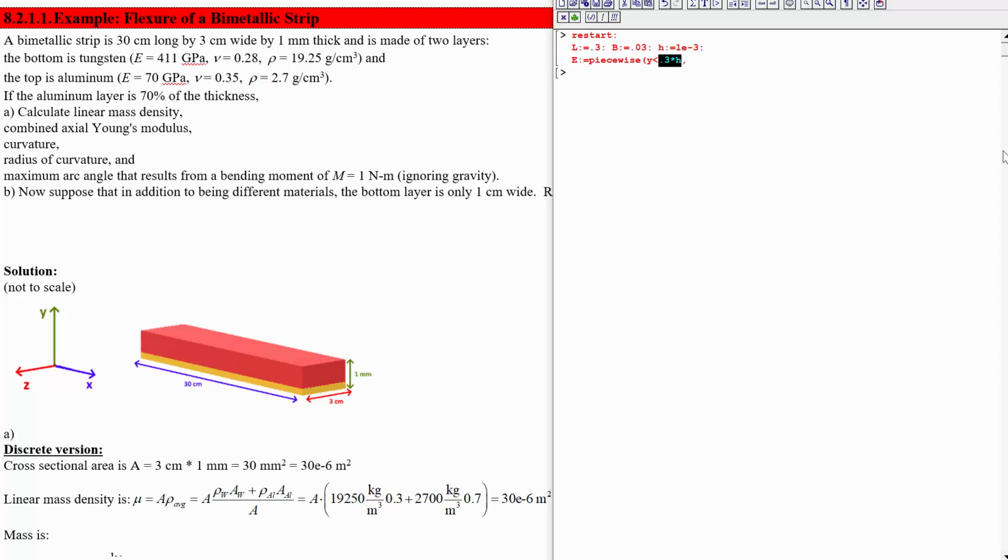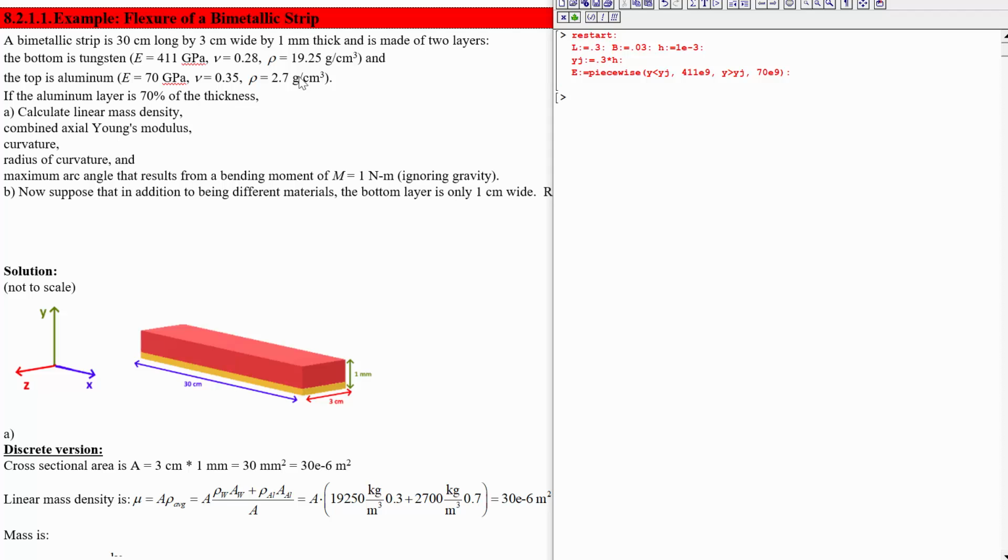Maybe we'll call this yj for the junction. Yeah, let's do that. yj is equal to 0.3 times h. All right, so if y is less than yj, then we've got the Young's modulus of the tungsten, 411E9. Otherwise, we've got 70E9, aluminum's Young's modulus.